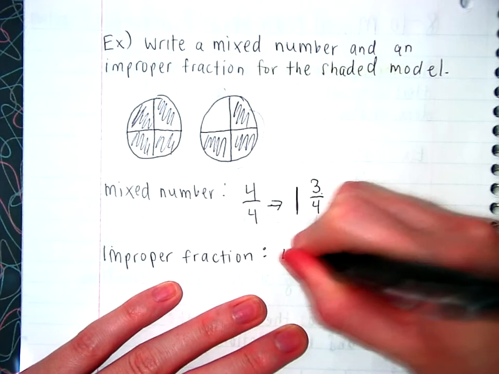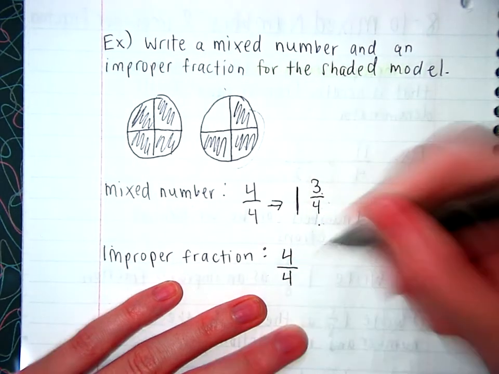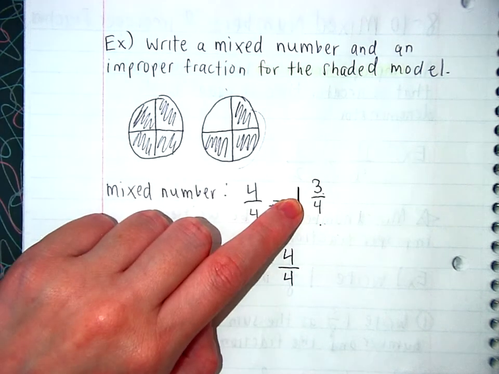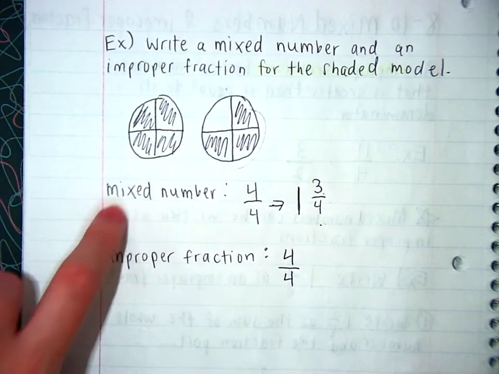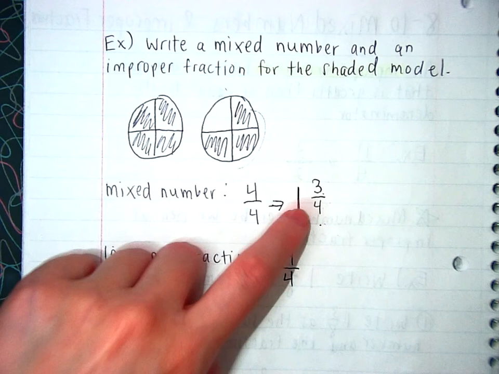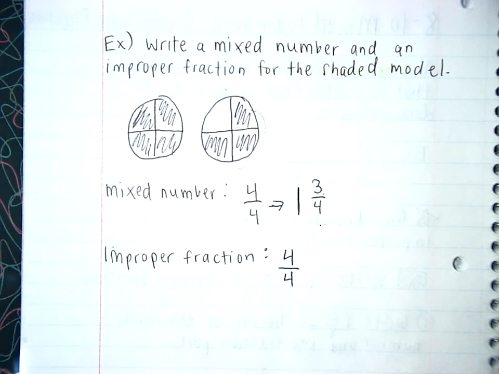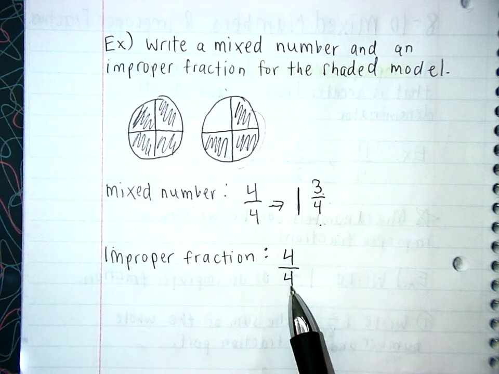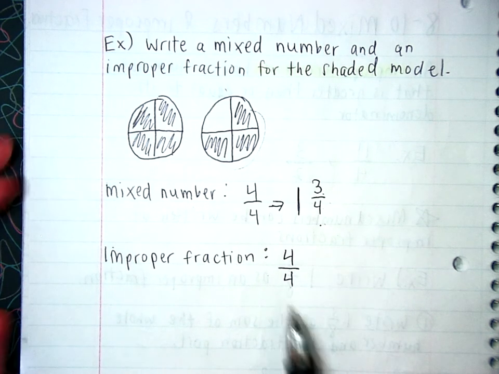So yes, it is 4 over 4, but then you do not change it to the 1 whole because only the mixed number has the whole numbers. In improper fractions, it's only the numerator and the denominator, and the numerator is greater than or equal to the denominator. So that's why I keep it as the 4 over 4.